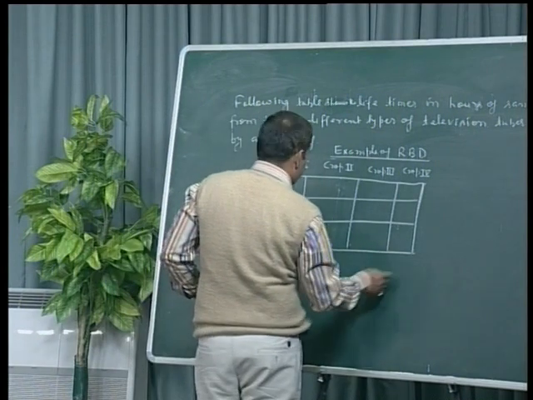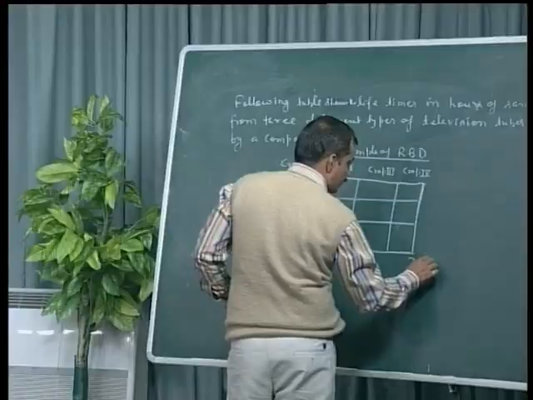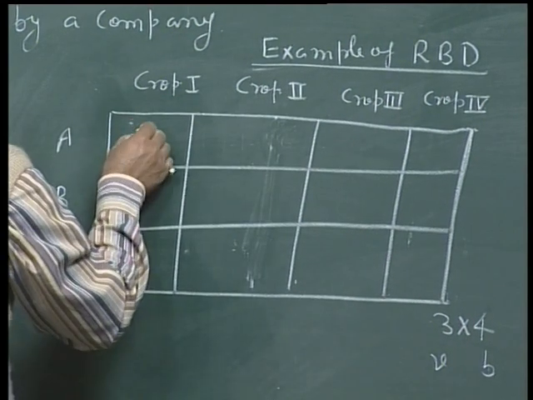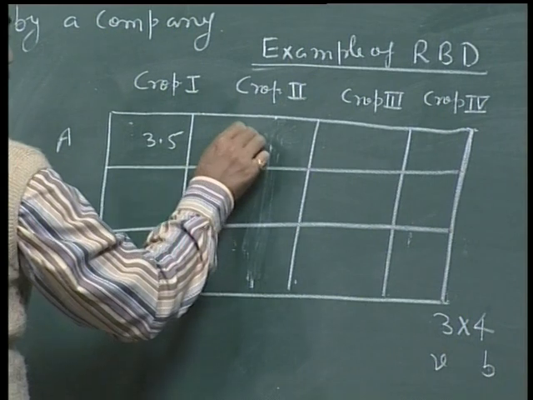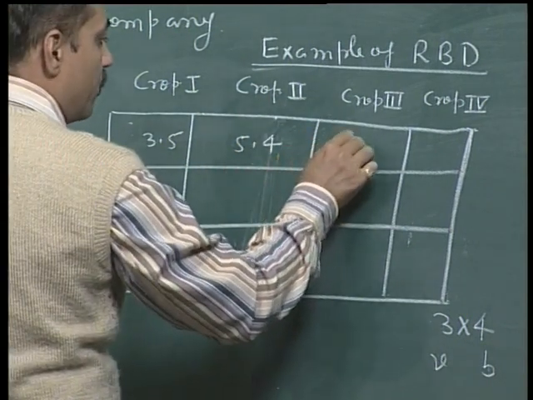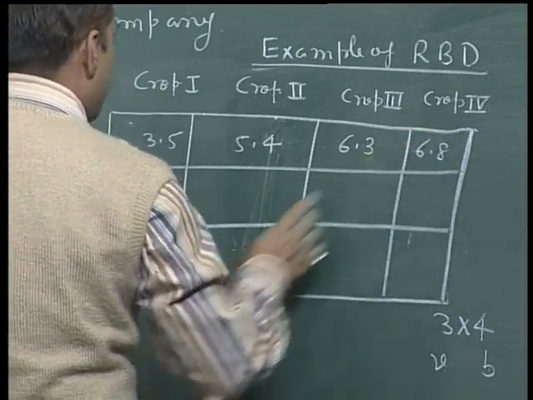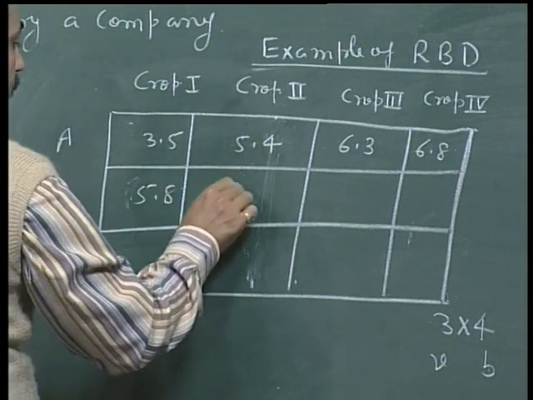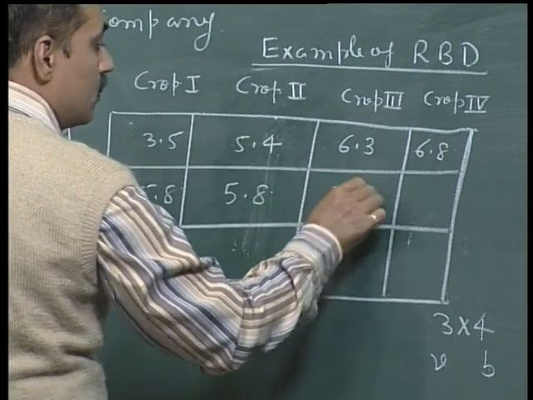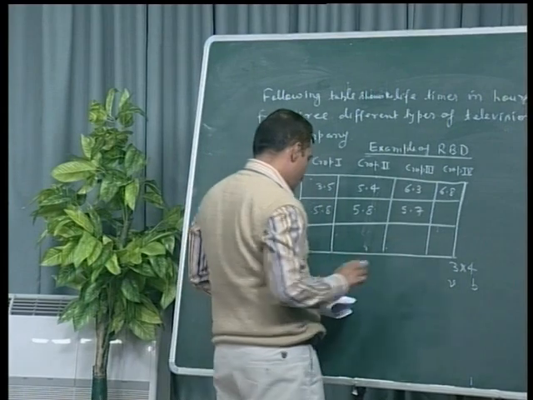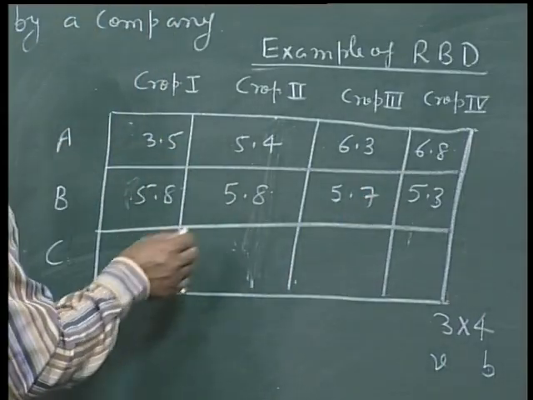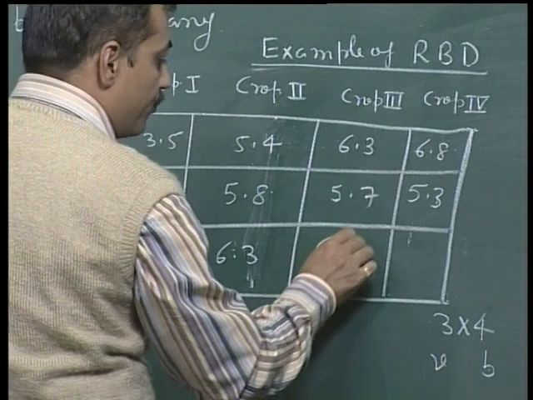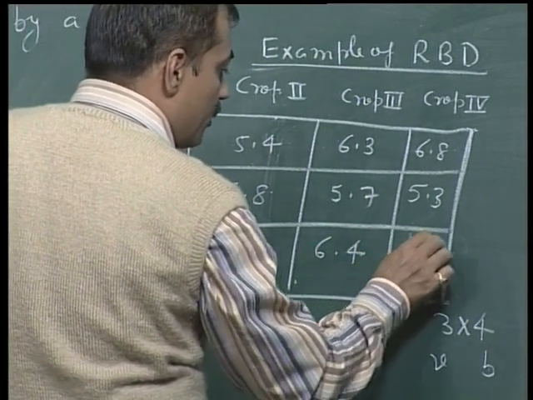This is 3 cross 4, with 4 blocks, and if we note down the values, for example: 3.5, 5.4, 7.6, 6.8, 5.8, 5.8, 5.7, 5.3, and similarly 6.8, 6.3, 6.4, and 4.4.